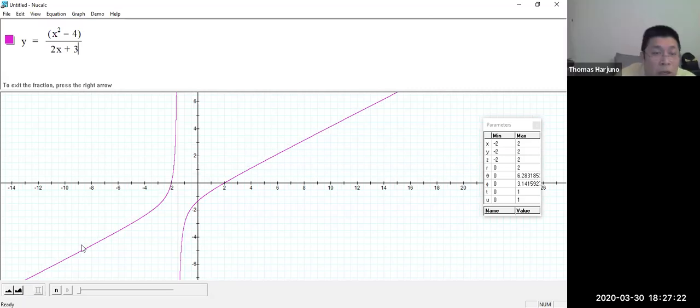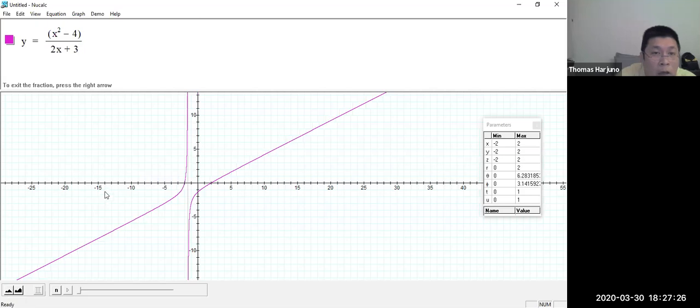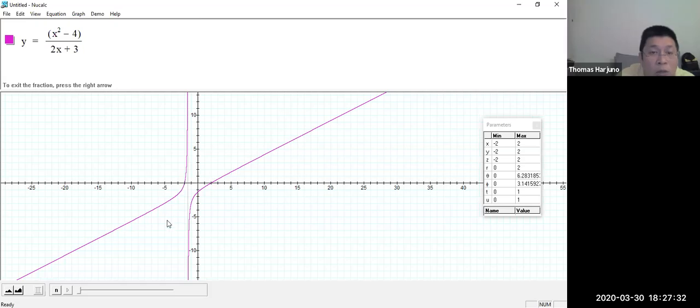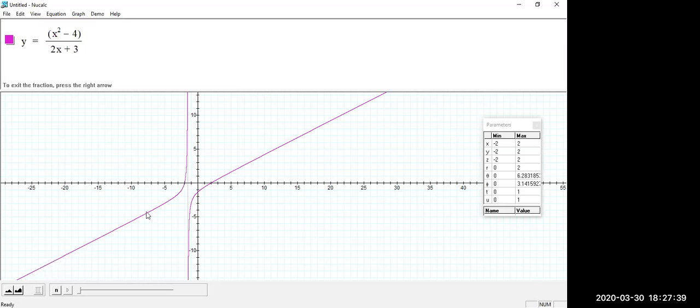You see that instead of the graph going to the left and to the right horizontally, it is actually getting closer to this line here. It seems like we have a line from this side going to that side.